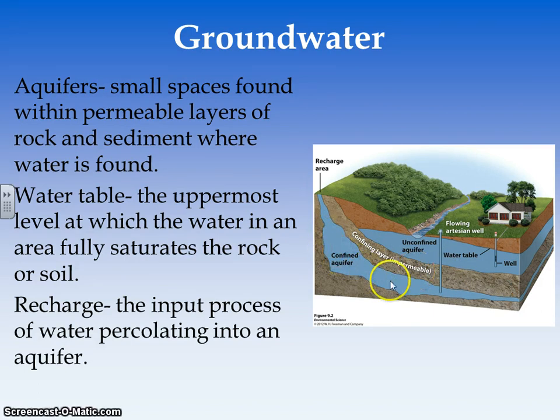So even though this aquifer covers this whole area of ground up here, that water is not getting down into it. There's only this small little recharge area where it actually has access to get into that aquifer. So when we pull out of these confined aquifers, we use that water up way quicker than it can actually recharge back into it due to rainfall. And so we tend to drain those out much quicker.